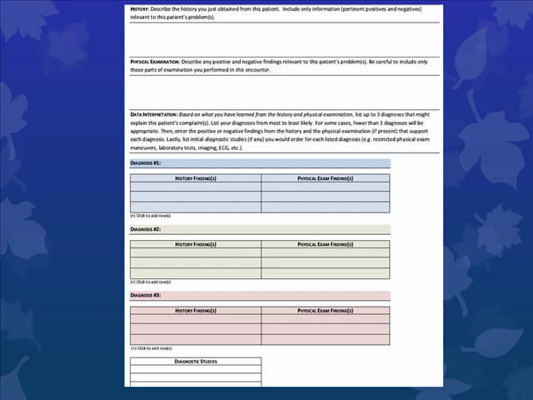This is, in compressed form, the note that the students have to fill out after Step 2 CS. This is the new note format. They have to give the history, the physical exam, the diagnosis, 1, 2, and 3, and the history and physical exam findings that support or negate that, and then they have to do diagnostic studies.